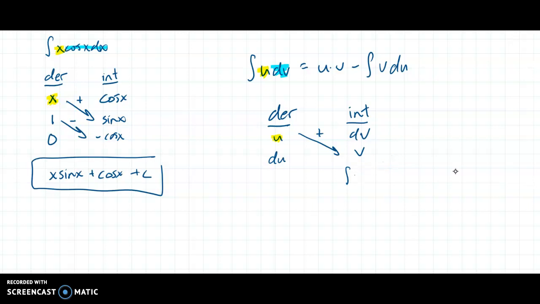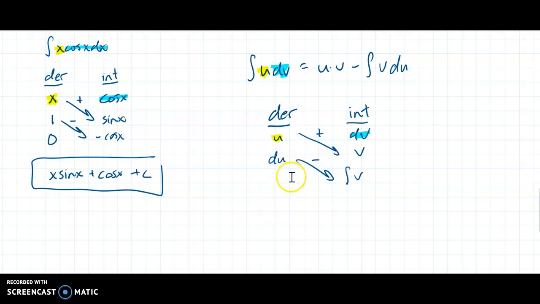So the integral of v, because this is the int side. So if I do my dir int stuff here, I have u, that gives me du, the derivative, and I start with v, integrate it, it gives me v, integrate that again, I get the integral of v. And then watch what happens here. If I do my minus, my alternating signs, I get this guy is this guy. There we go. Now it looks better.